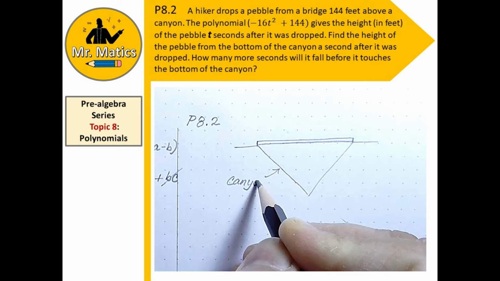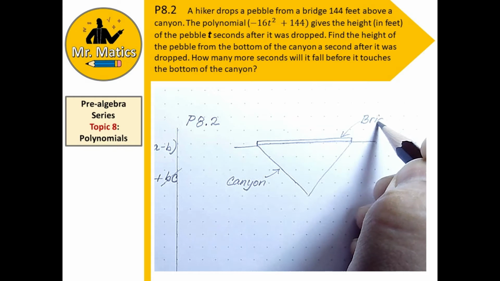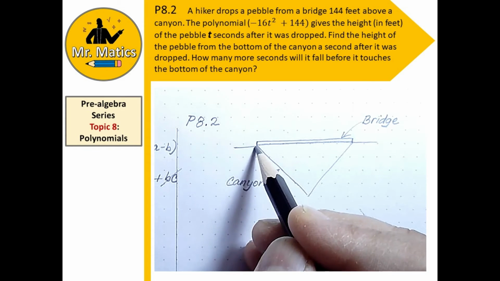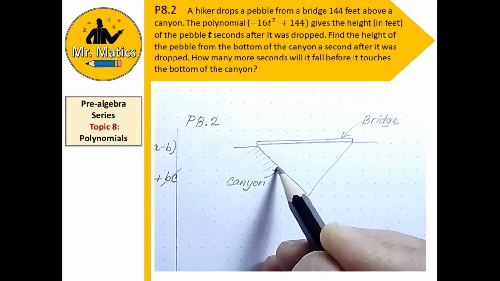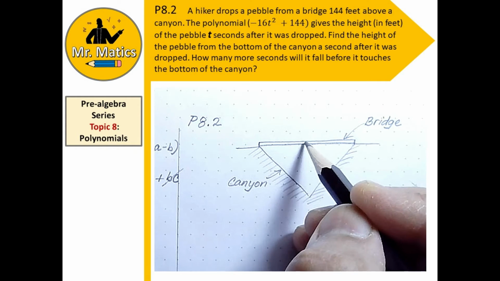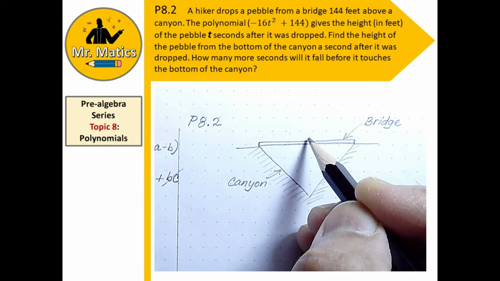And this is your bridge. And a pebble is dropped by a hiker. So the hiker is standing, let's say, somewhere at the middle of the bridge.